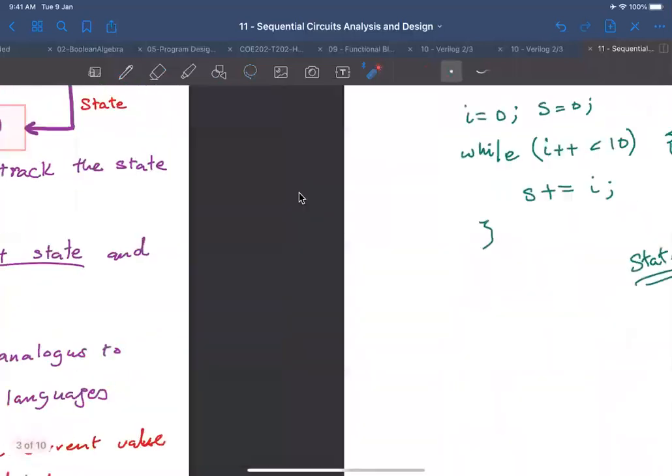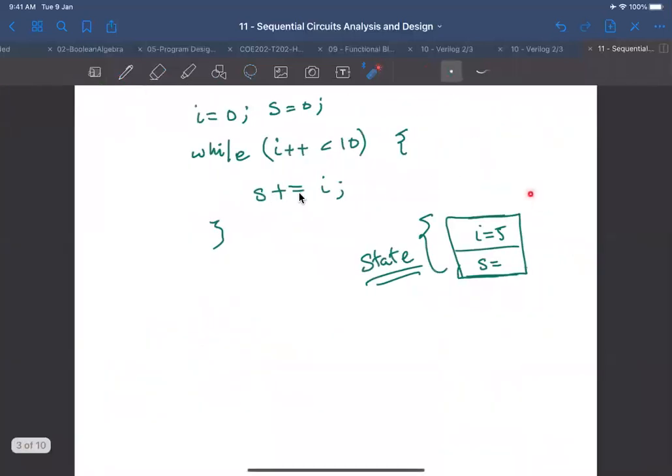This is called the present state. By the execution, the control of the program will lead to a next state. The next state will contain i equal to 6, and then s will be equal to the sum of the numbers from 1 to 6.